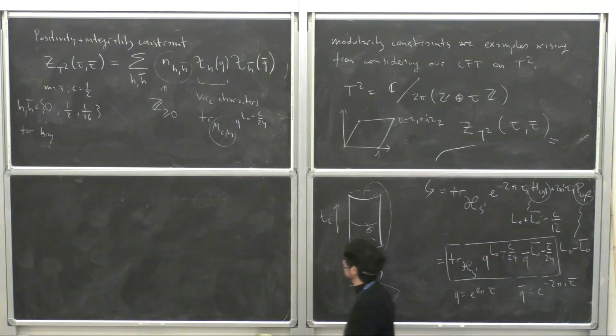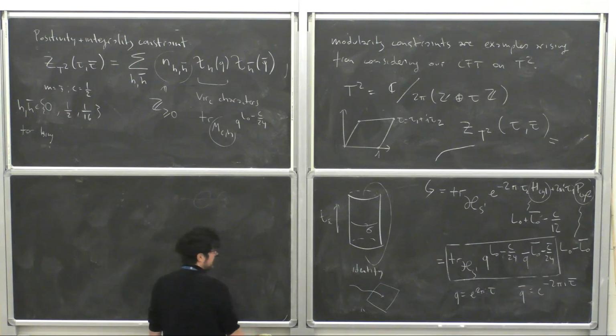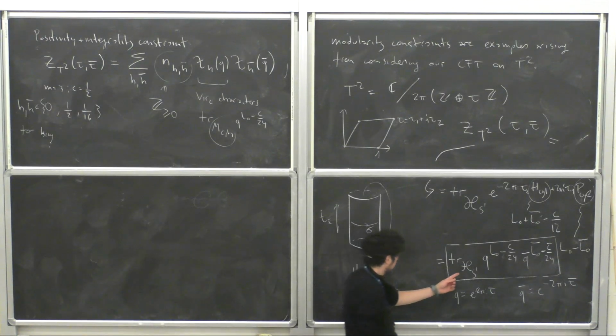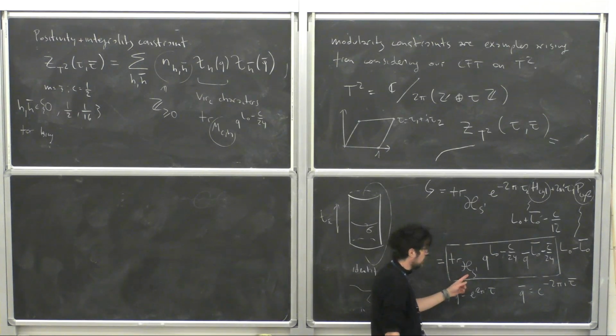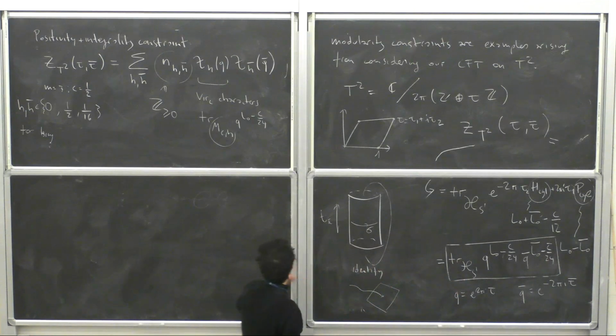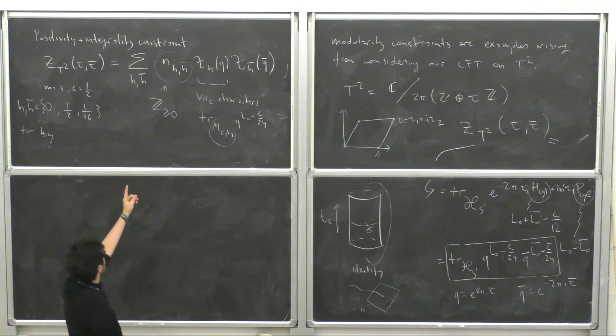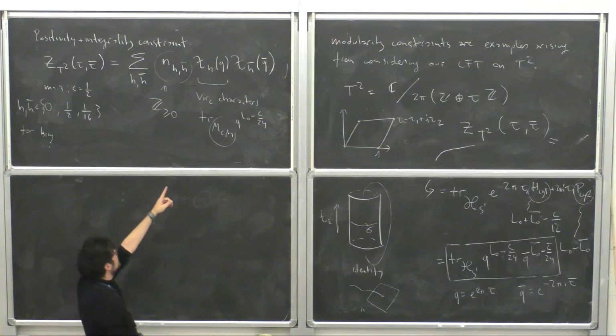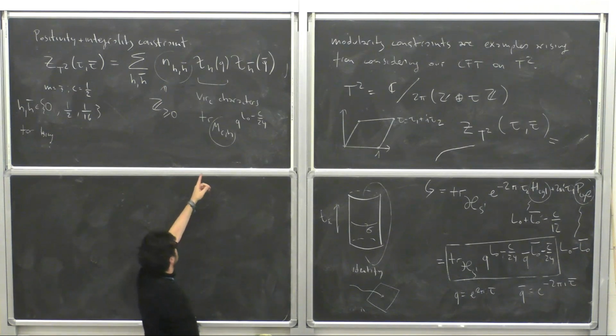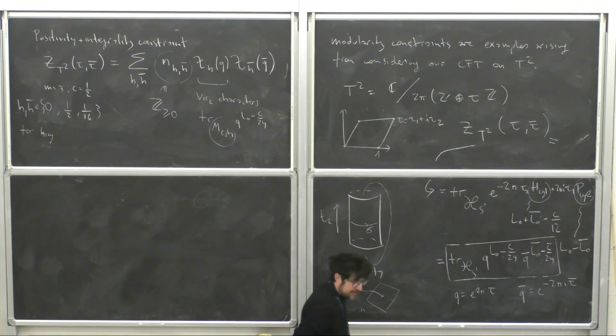Because the Hilbert space on the cylinder is a representation of Virasoro, this expression will expand into a sum over Virasoro characters.